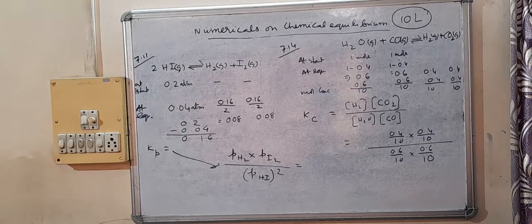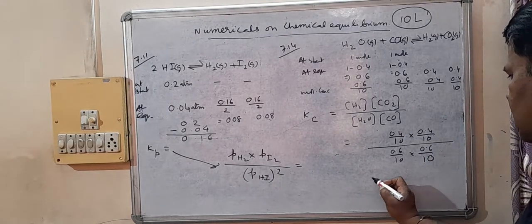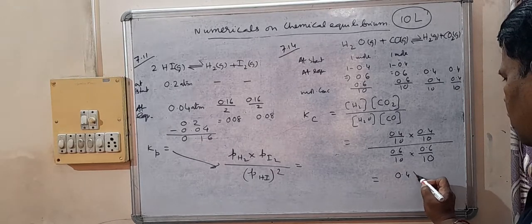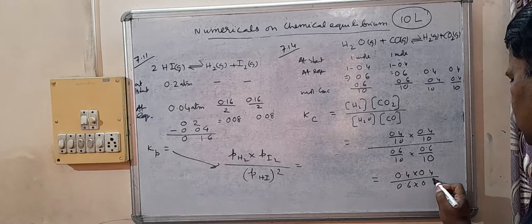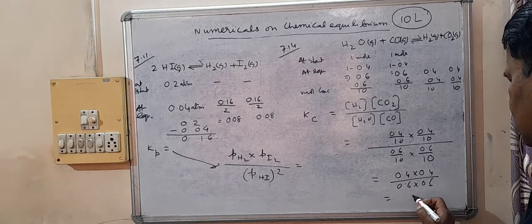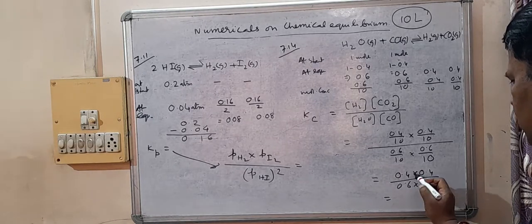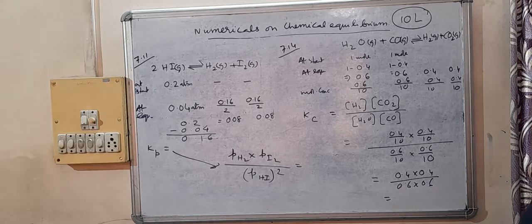The 10s all get cancelled, so it will be 0.4 into 0.4 by 0.6 into 0.6. If you simplify, you get the answer for Kc. So children, this much we will do for today. You should do the other numericals given in the NCERT book. So bye bye for now.